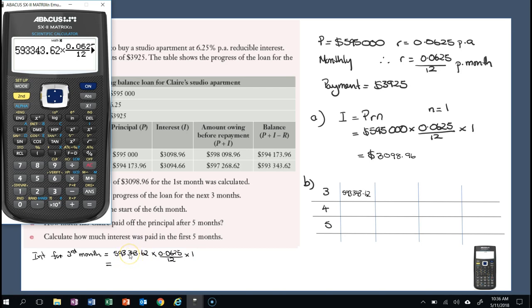We're going to account for every single month. However, because this amount changes every month, we know that the calculation can only stand for each amount for 1 month. So let's press equals here and get that.